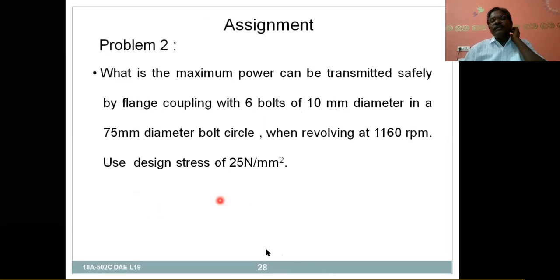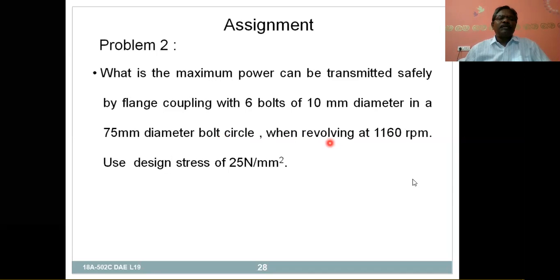And the next problem is, what is the maximum power that can be transmitted safely by a flange coupling with 6 bolts, N equal to 6, of 10 mm diameter? Bolt diameter d1 is given as 10 mm, in a 75 mm bolt circle diameter, that is dP equal to 75 mm, when revolving at 1160 rpm.